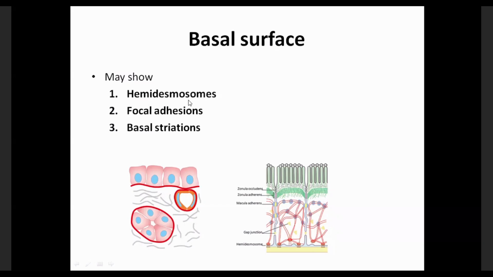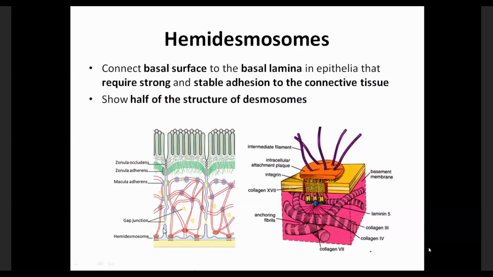These three are equivalent to some of the structures I told you we have either on the lateral surface or on the apical surface. Hemidesmosome is just half of a desmosome. This is because the epithelial cell will contribute what it contributes on the lateral surface.